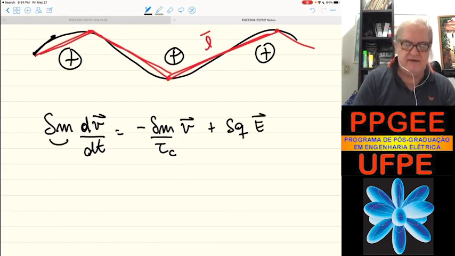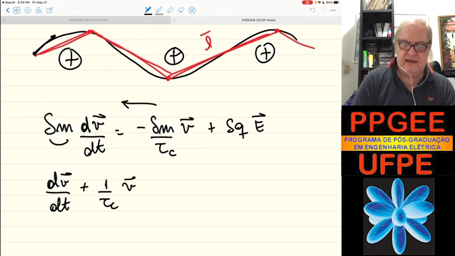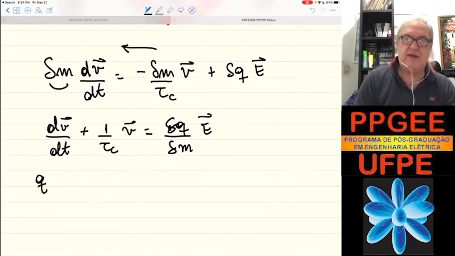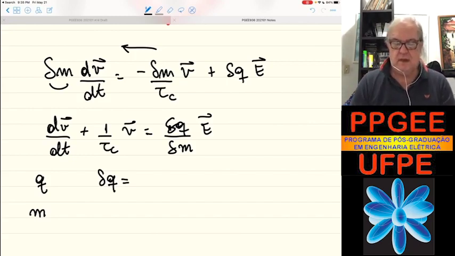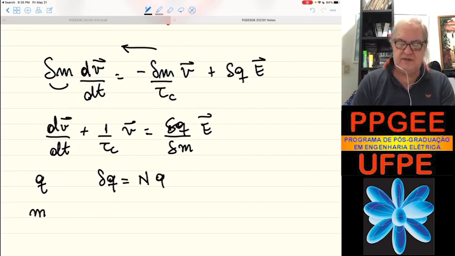Then I divide by delta m, we have dv/dt, then I move this over there, plus 1 over tau c times v equals delta q divided by delta m times E. Well, if each carrier has charge q and mass m, delta q equals the density of carriers times the charge of each carrier, and delta m equals the density of carriers times the mass of each carrier.